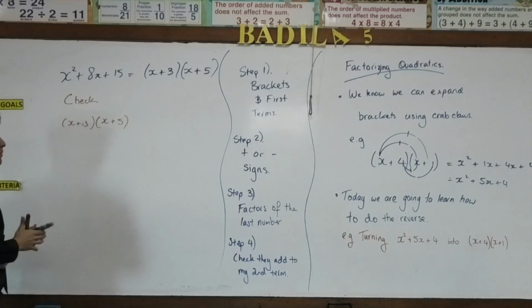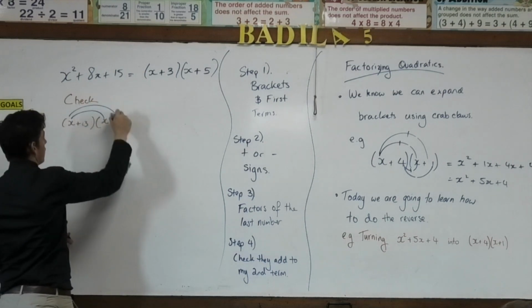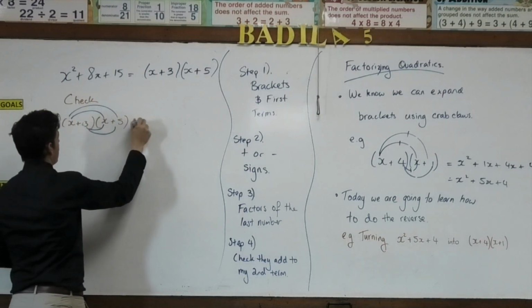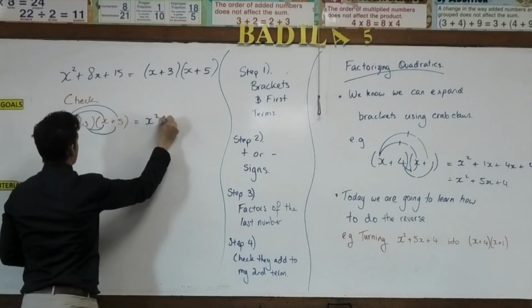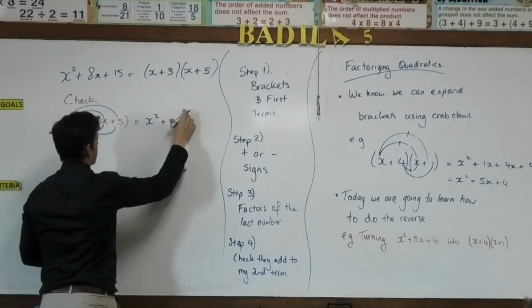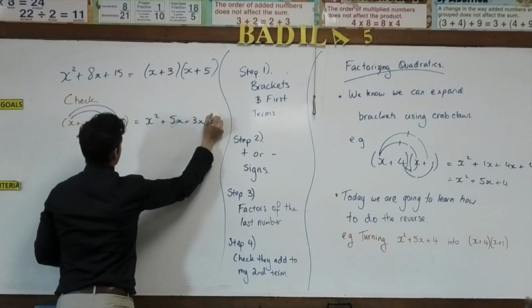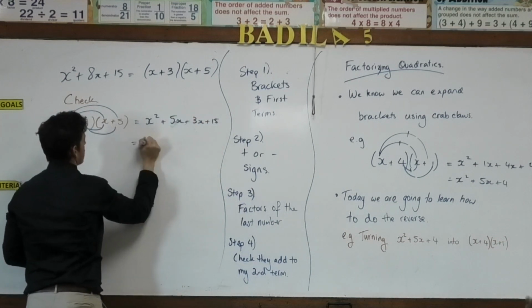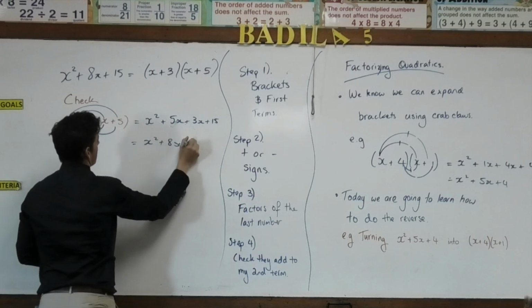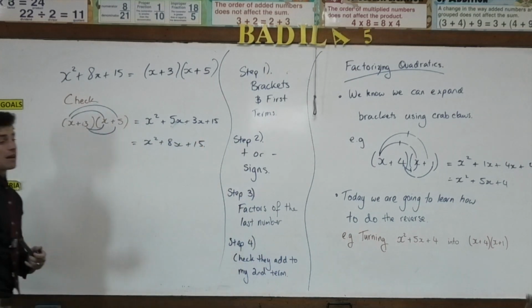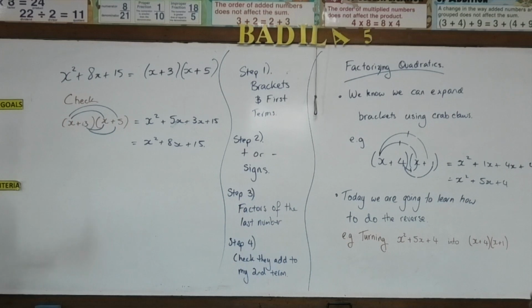I apply my crab claw and I get x squared plus 5x plus 3x plus 15. I collect my like terms and I get x squared plus 8x plus 15. Does that match? Yeah. So I factorised correctly.